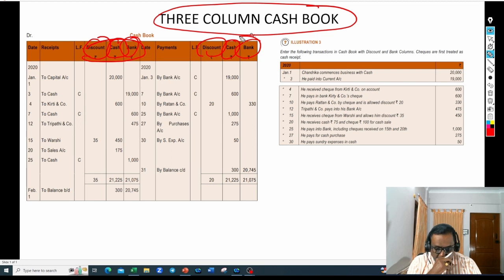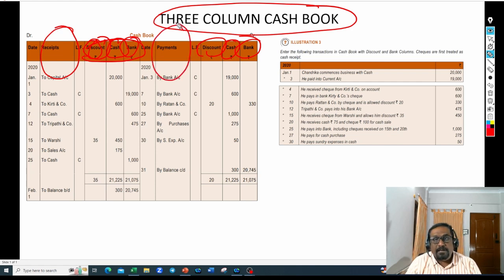Now, what is there in discount? We discussed previously, right? What did we say? Discount will be there in the debit side as well as in the credit side. In the cash book, while explaining, I said the debit side is called the receipt side, the credit side is called the payment side.